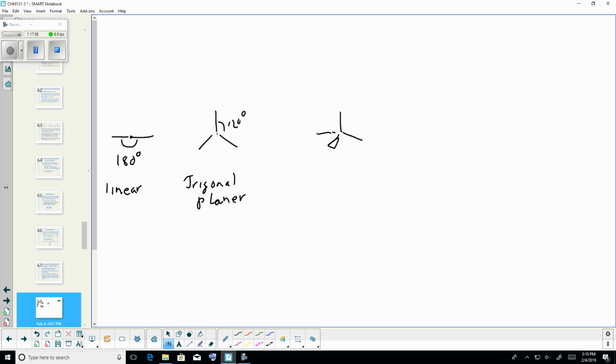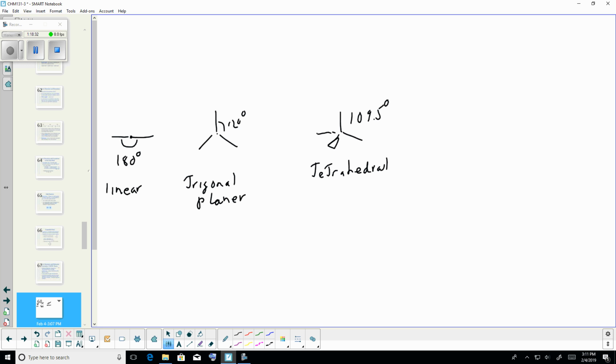And a little wedge means it's coming out at you. A little dotted line means this one's going back behind you. So this is 109.5 degrees. It's called tetrahedral. There's a couple others, but we're just going to go up to four. So these are the shapes, how the electrons arrange themselves.